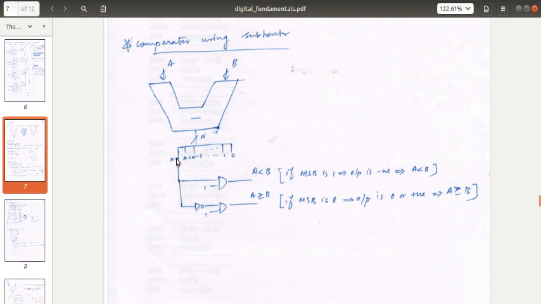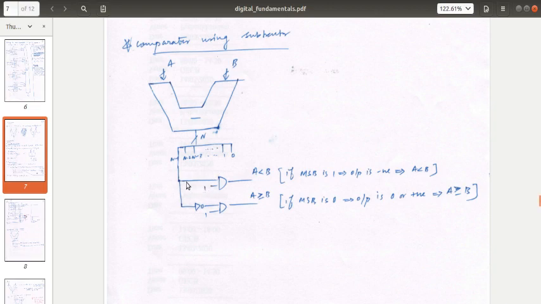So if the MSB, that is, if we consider this as y of n minus 1, is 1, what is the meaning? It means A is less than B, right? It means this is a negative number, and if the difference of two numbers is a negative number, then it means the first number is less than the second number. That is what we are taking here.